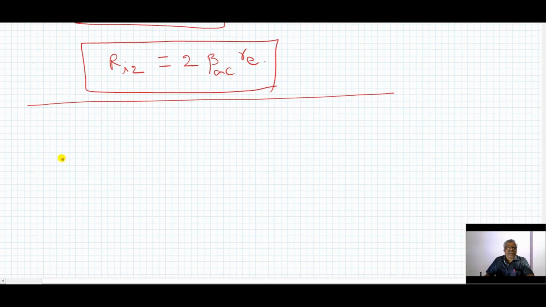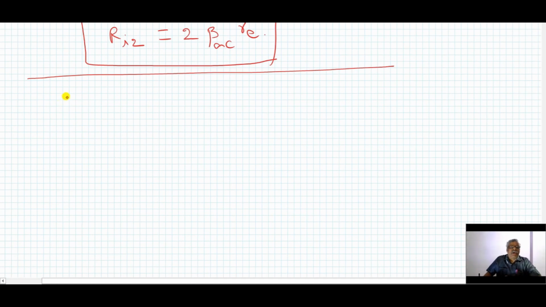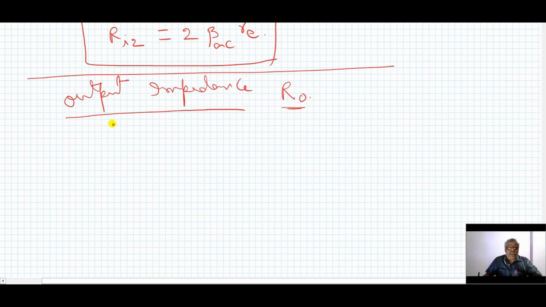And the last parameter in AC analysis is output impedance. So the output impedance R0. The output impedance R0 is defined as the resistance seen between any of the output terminals with respect to ground.